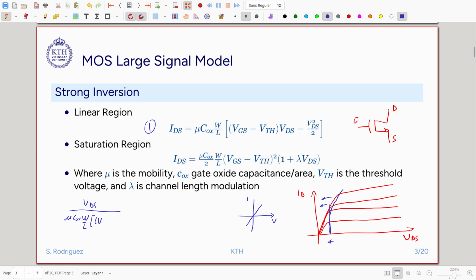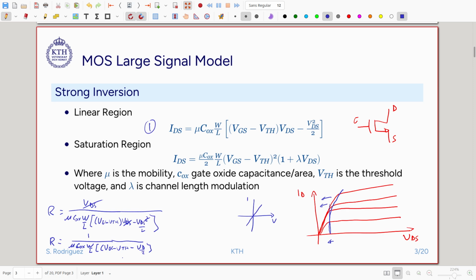Then we have VGS minus VTH times VDS minus VDS square divided by 2, and this resistance will be approximately 1 over mu COX, and then we have VGS minus VTH, and then a term that depends on VDS also.